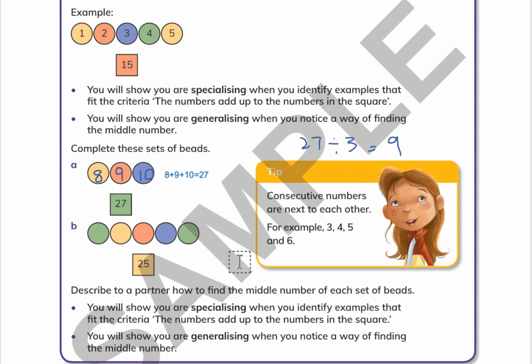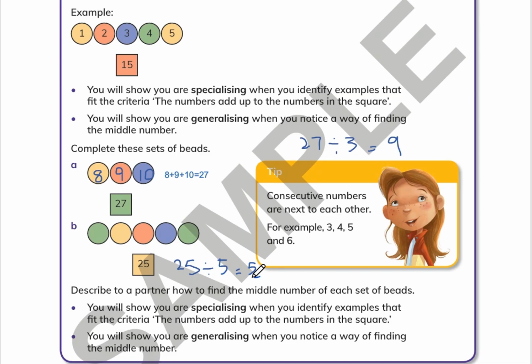So we are done. Our next is the B part. Again we have a number in the square. That number is 25. And how many circles we are given tells us how many consecutive numbers we have to write. So we have to write 5 consecutive numbers. So 25 divided by 5, the answer is 5.